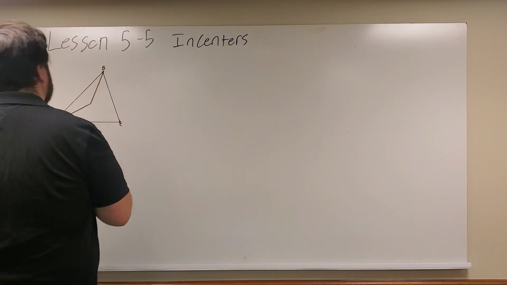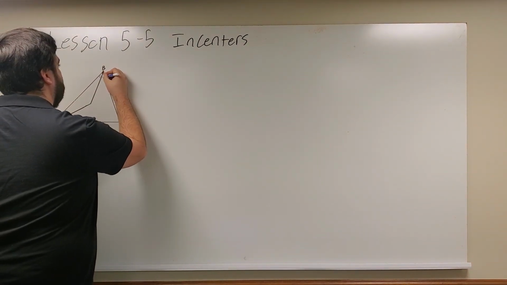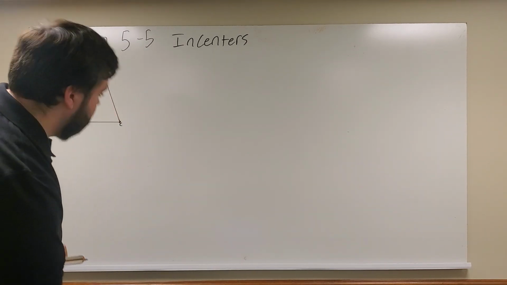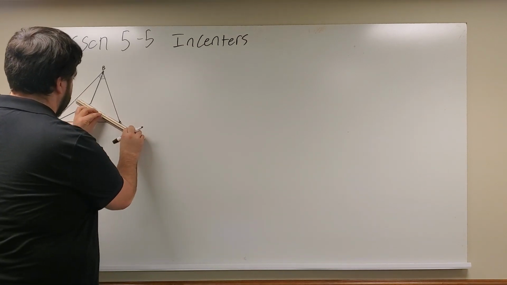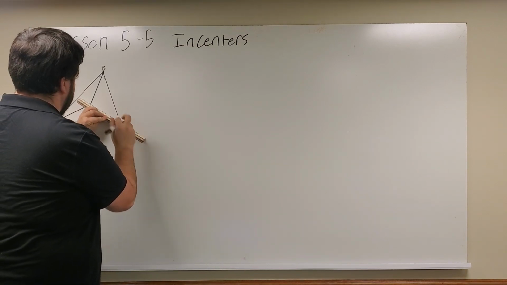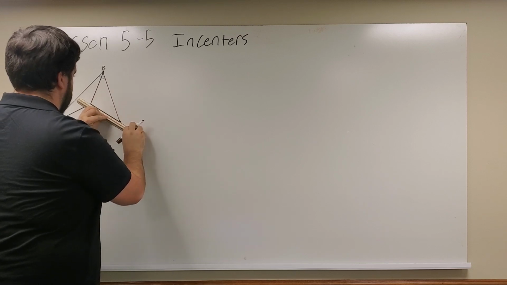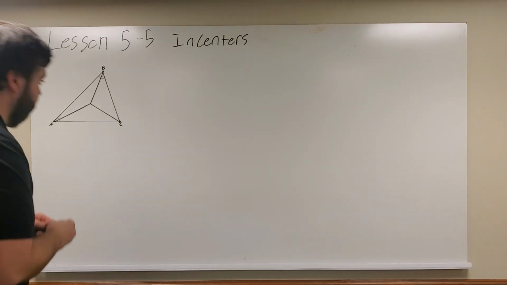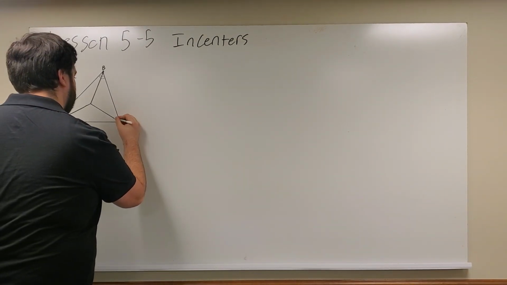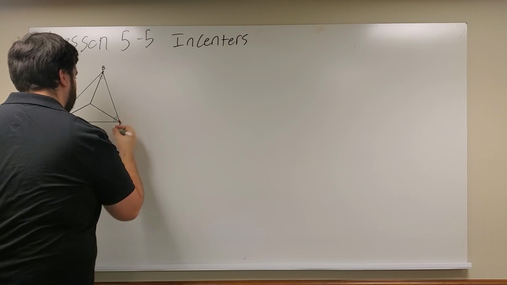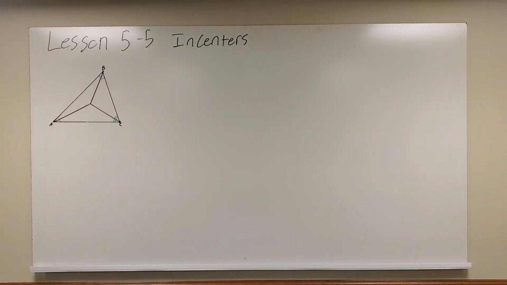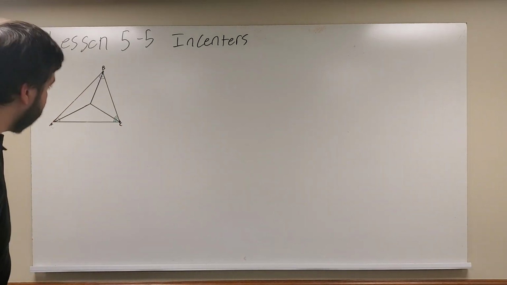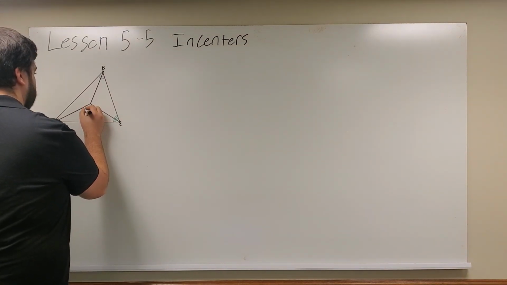Alrighty. So now I got this one all marked off. And finally, I bisect the third angle. I will get my incenter. Okay. So now I have successfully created my incenter, and we'll call that point P.